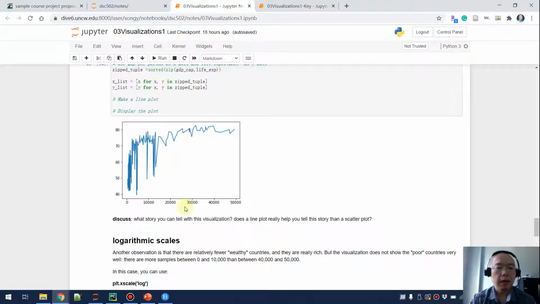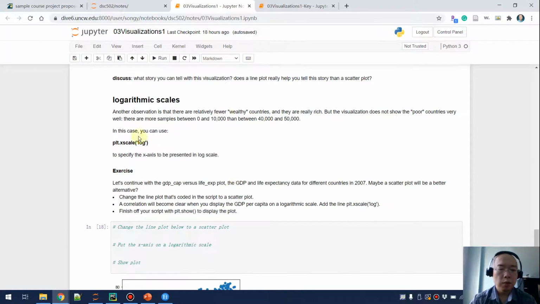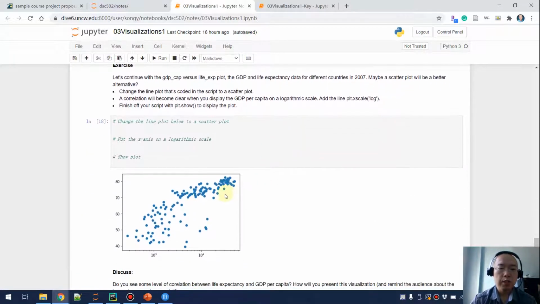And the plan is, number one, we want to do the scatter plot instead of the line chart, and number two, we want to apply the log scale on the x-axis. Okay, so this is the code to apply the log scale on the x-axis, and then you should get something like this.